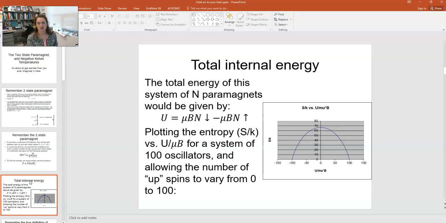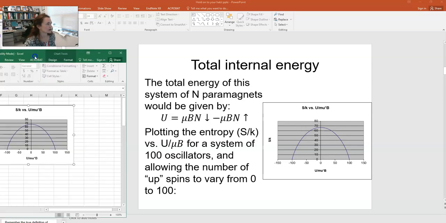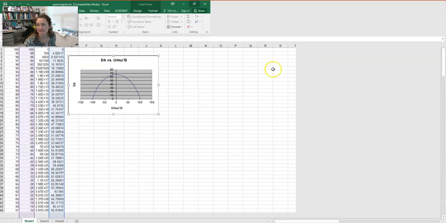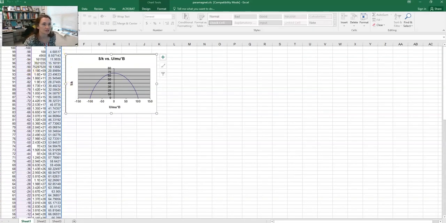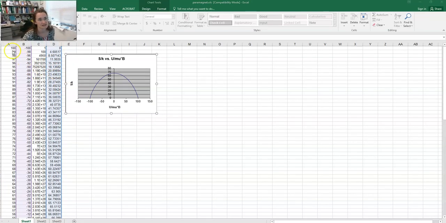Now what you can do is plot the entropy versus the internal energy. I've done this. I have an Excel file here. Let me show you. What I did was I just had a system of 100 two-state paramagnets. And then I said, okay, what's my multiplicity if all of them are parallel with the field, all the way to all of them being anti-parallel with the field?